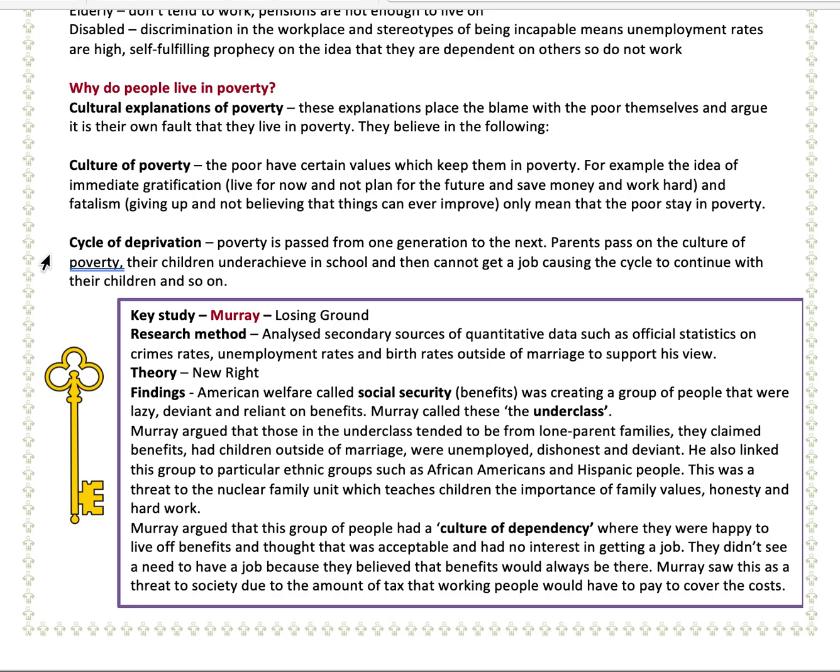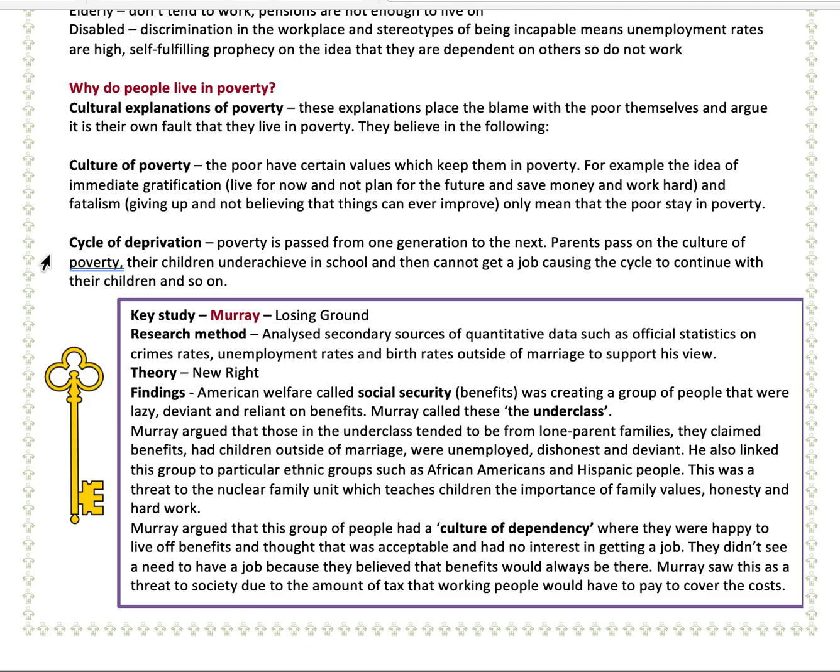Explanations of poverty. You need to know the cultural explanations. These are the ones that blame those who live in poverty, and they are put forward by the New Right and functionalist sociologists.